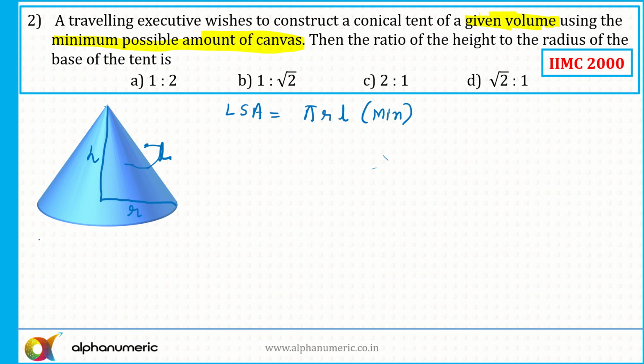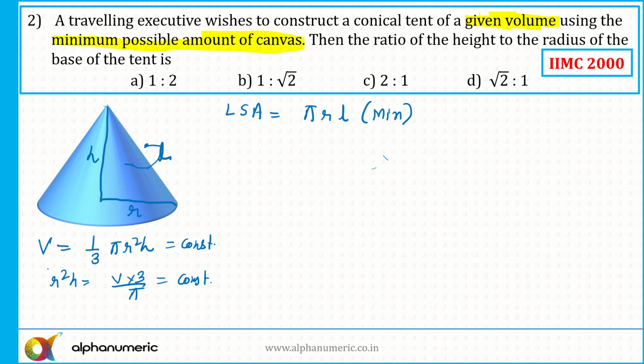Now what is the volume? We all know the volume is always equal to 1 by 3 pi r square h. So from here, r square h is equal to volume into 3 by pi, and since volume is constant, v into 3 by pi is also some constant.